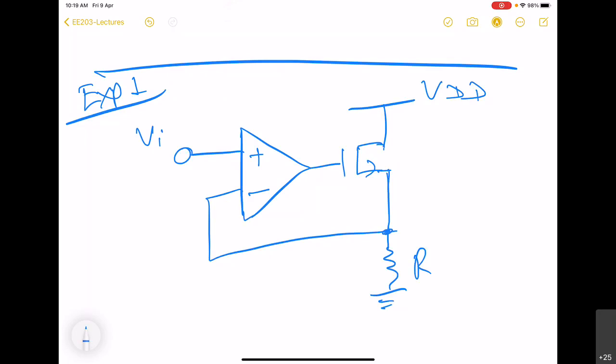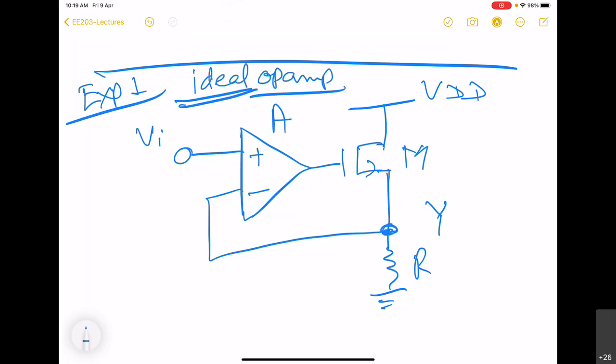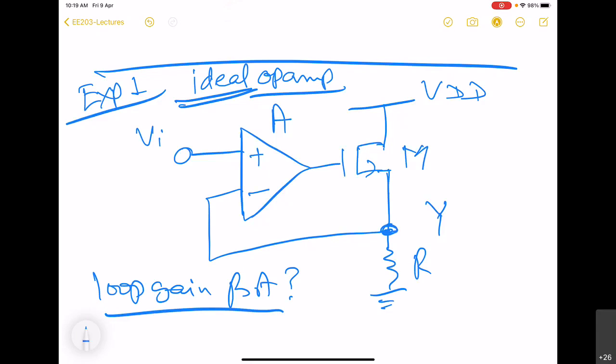So this is the circuit, and here this will be our usual output at this node, the source of the MOS. Here we have an op-amp, and to keep things simple, we will assume an ideal op-amp. So we want to know what the loop gain is for this circuit. Here we can see that there is a loop.